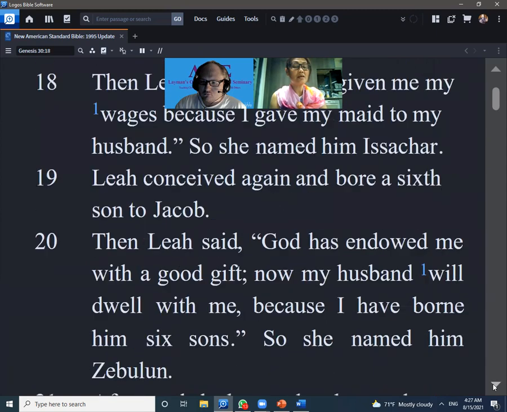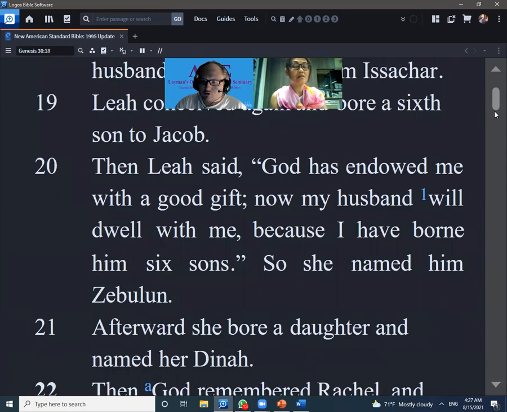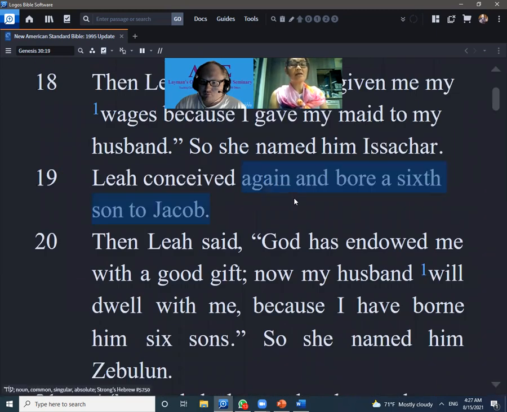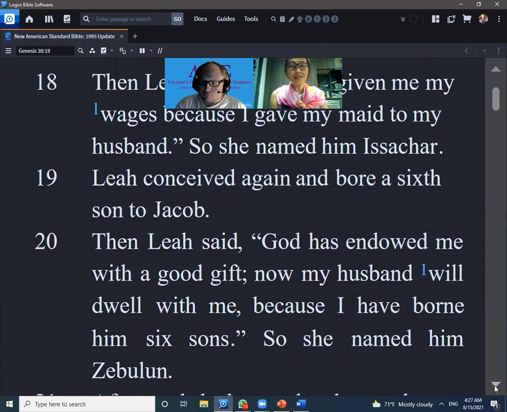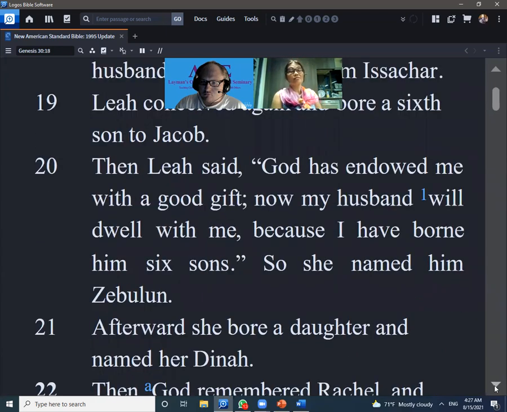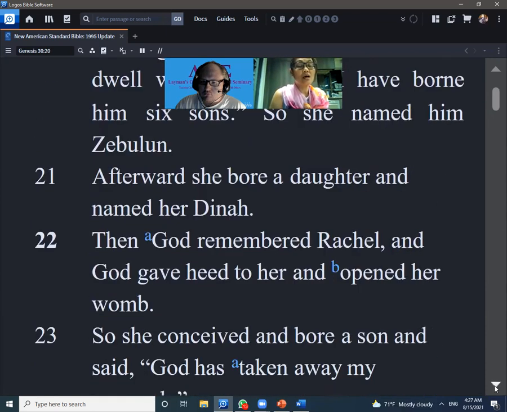Leah conceived again and bore a sixth son to Jacob. Then Leah said, "God has endowed me with a good gift. Now my husband will dwell with me because I have borne him six sons." So she named him Zebulun.